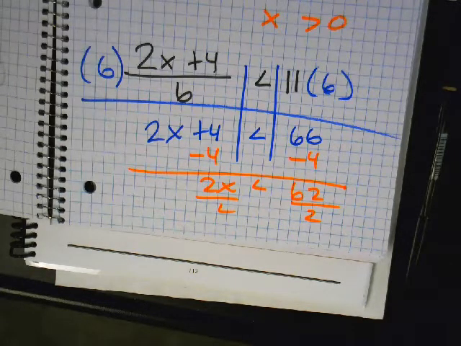One of my favorite things to do in life. Some people do word searches. I solve equations. Yeah. X is less than 30. All right. 31.